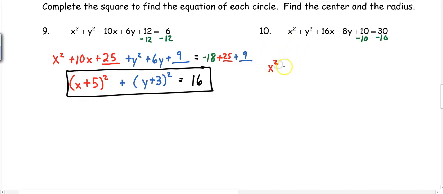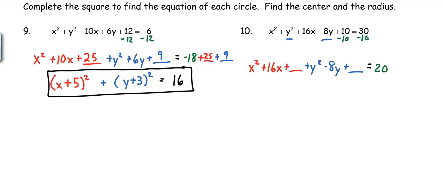So I have x squared plus 16x plus blank plus y squared minus 8y plus blank equals 30 minus 10 is 20, and then I need two blanks to complete the square. One for x and one for y.